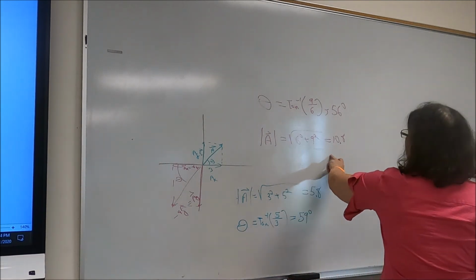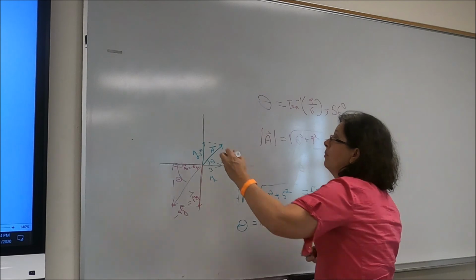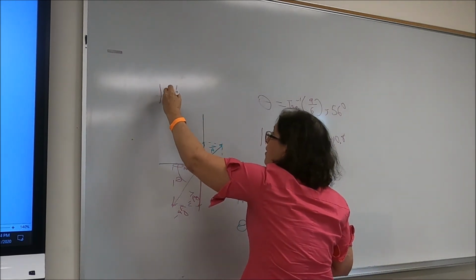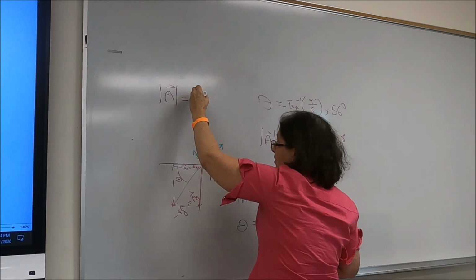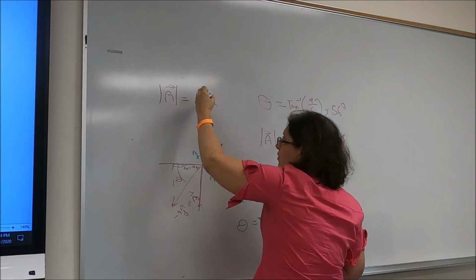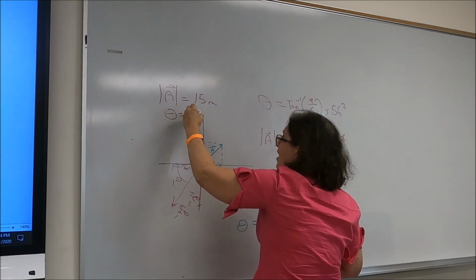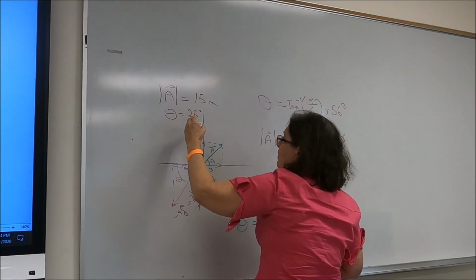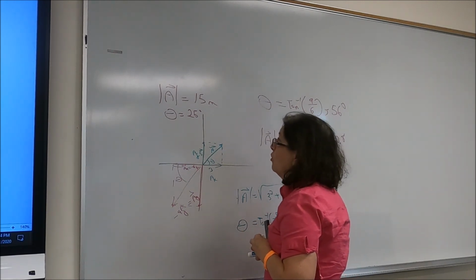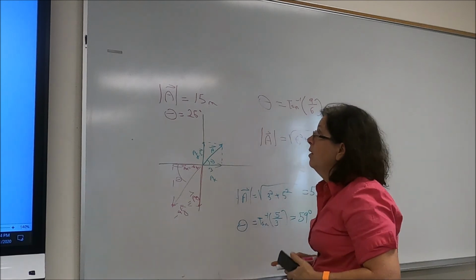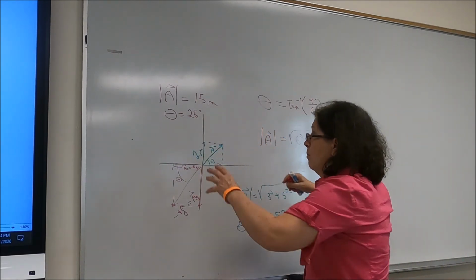So I've got the magnitude and I've got the angle. Now guys, remember, when we're looking at the magnitude of a vector, I'll always put it in absolute value signs. Okay, like this was 15 meters. And my angle theta, whatever it is, let's say it was 25 degrees, okay? I always have to have a drawing that shows me where that angle is coming from, because I've got a magnitude and I've got an angle, but I need a little bit more information.